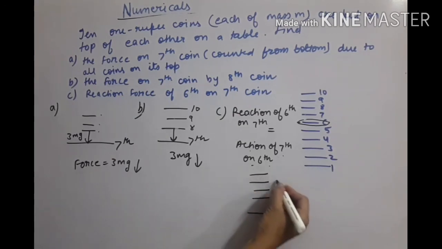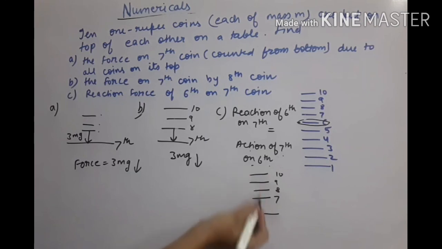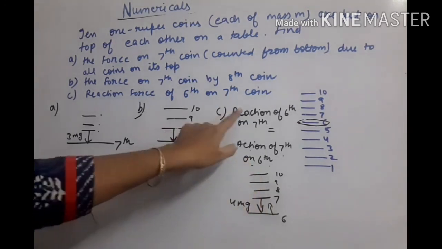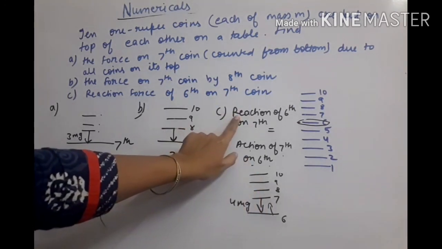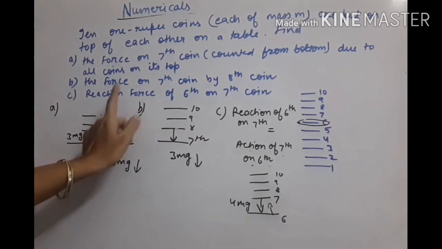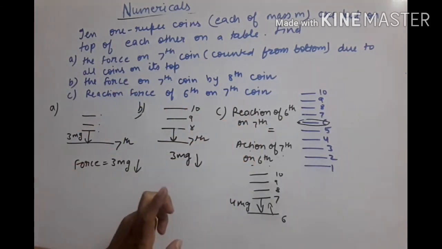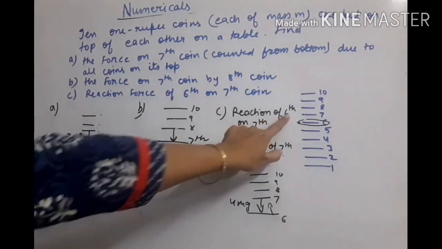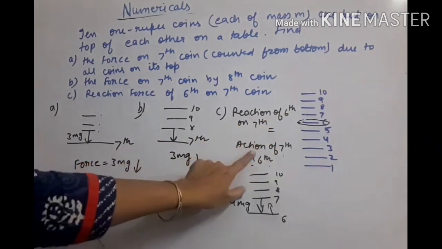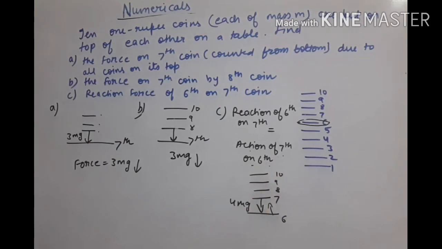So the total action by the 7th coin on the 6th coin is 4 mg, and whatever action the 7th applies on the 6th, the same reaction the 6th applies on the 7th. That's why to solve the reaction force here, we take the help of action forces. So just interchange the names. Reaction of 6th on 7th means action of 7th on 6th.